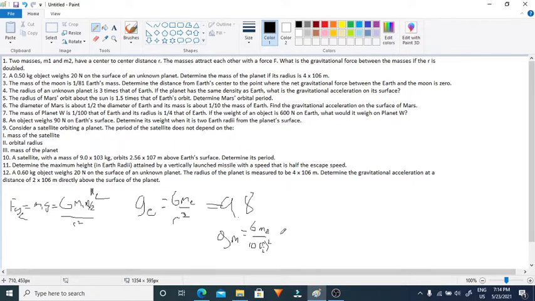Once we simplify this, it comes out to 2/5 g of Earth. And once we solve for that, we end up with 3.92 after we plug in 9.8 meters per second squared. That's our answer.